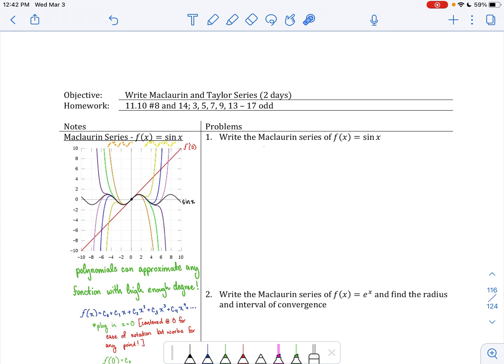And hopefully you can imagine that if we went to an infinite degree, and having an infinite series is just fine, this polynomial, so coefficient plus power something x, x squared, x to the third, x to the fourth, and so on for any function, if we go to infinity, it will be the same as this function all the way across. And that's the idea of a Taylor series, is writing out this polynomial.